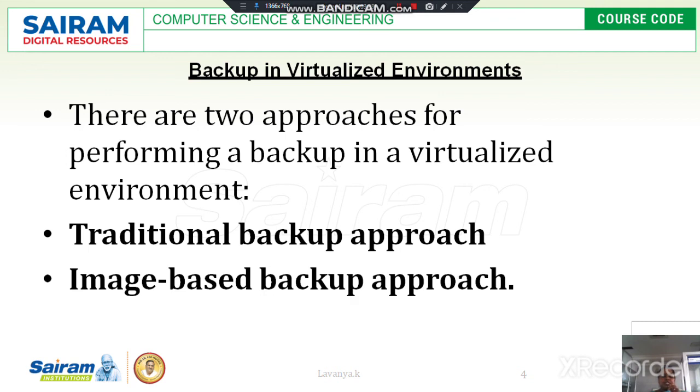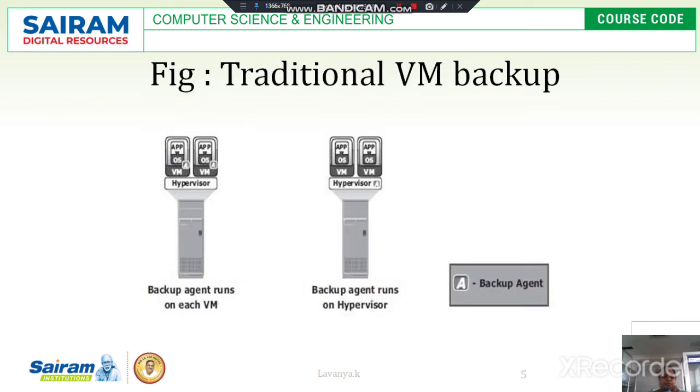One is the traditional backup approach, the second one is the image based approach. In the traditional backup approach, we use a backup agent, and the backup agent runs on the hypervisor. If the backup agent is installed on the virtual machines on the physical server, then whatever applications run on the agent.